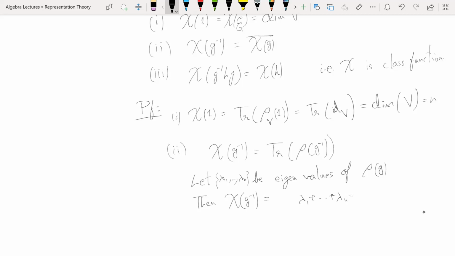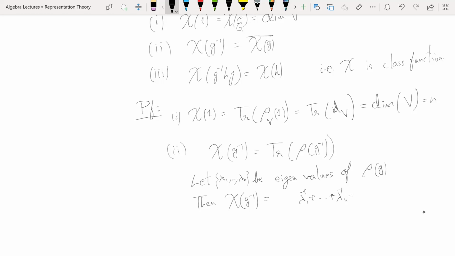If A has eigenvalues lambda 1 to lambda n, then A inverse will have eigenvalues lambda 1 inverse to lambda n inverse.